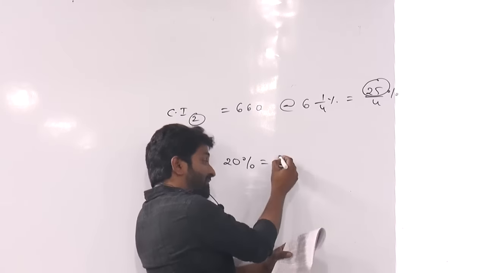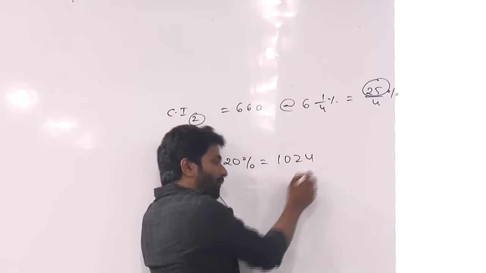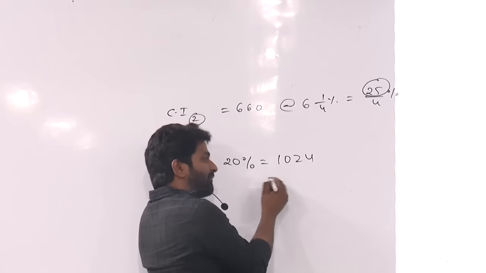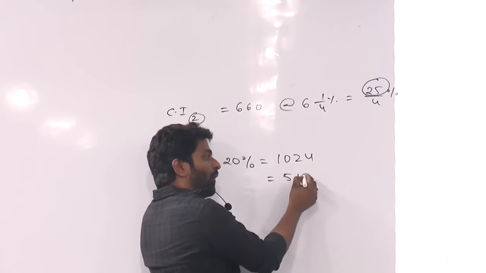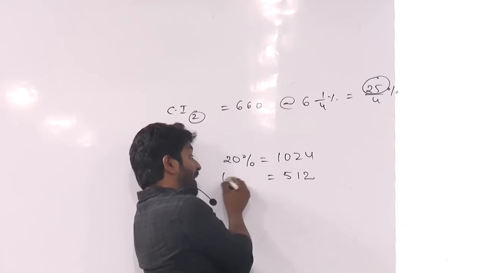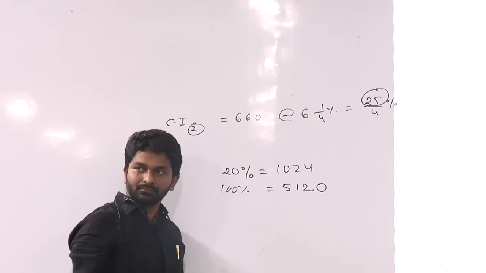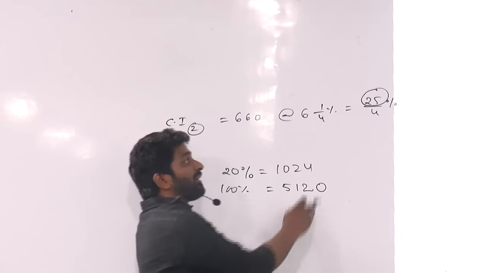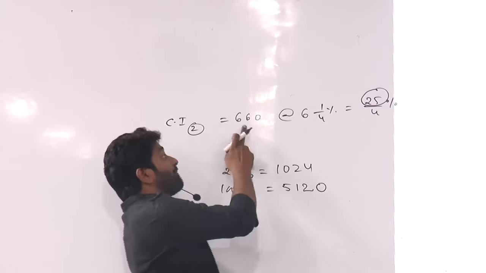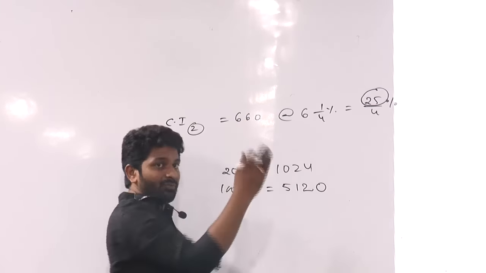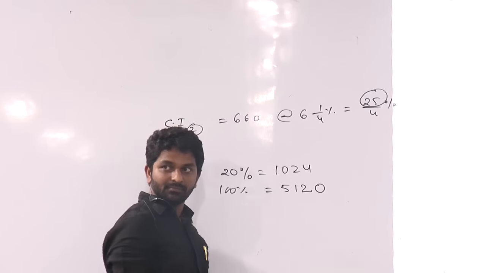And if 20% is equal to 1024, 10% will be 512. 100% will be 5120. And let me verify my compound interest for 2 years, will that be equal to 660 or not?